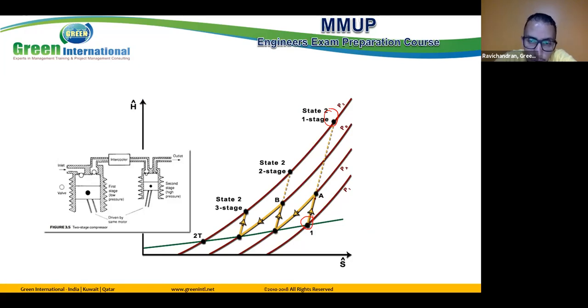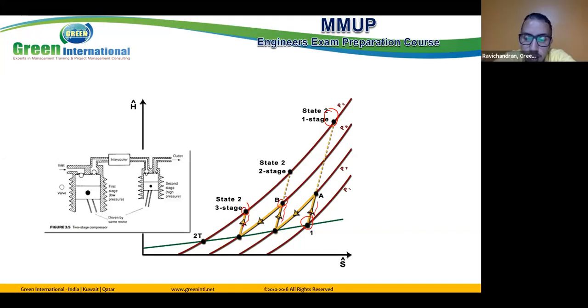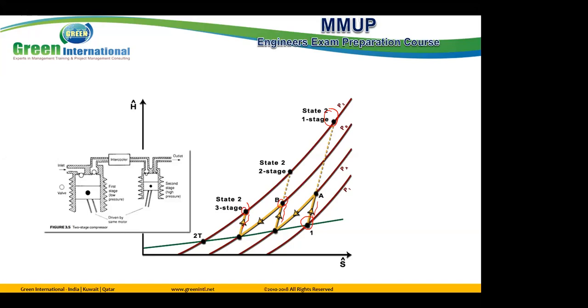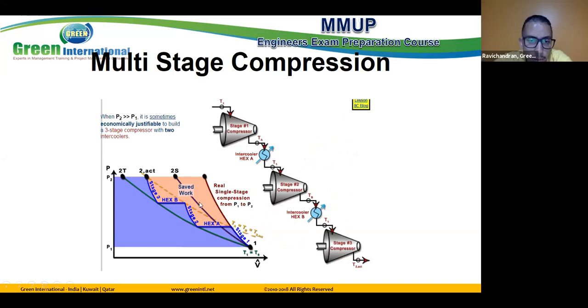So if you go to the first stage and then the intercooler, then the second stage and the intercooler, then the third stage, you will see the total compression work is less than if you go by one stage. It's clear? So you make work saved. Clear this one? Yes, sir. Same here to present how much work is saved.